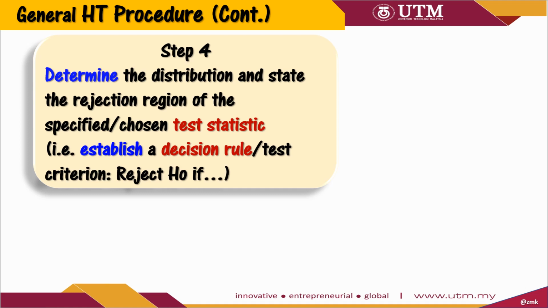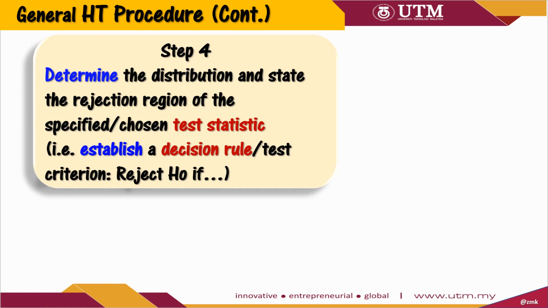For example, if you have a right-sided test, then your decision rule will be reject H0 if the test statistic is greater than the critical value at alpha on the right. If you have a left-sided test, then your decision rule will be reject H0 if the test statistic is less than a critical value at alpha on the left.